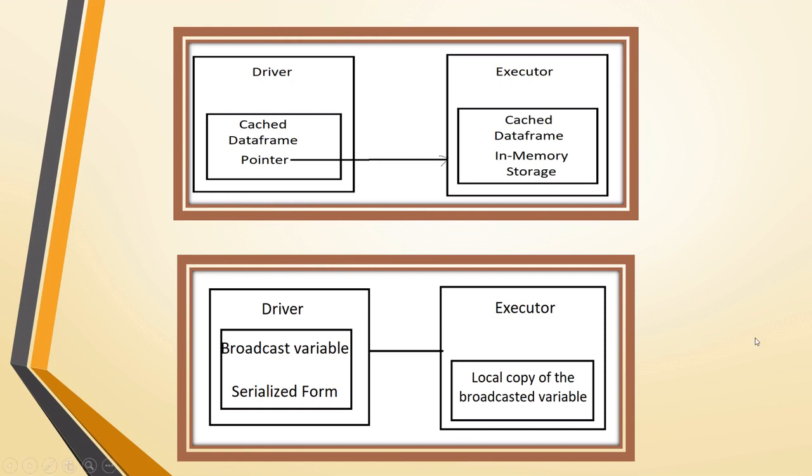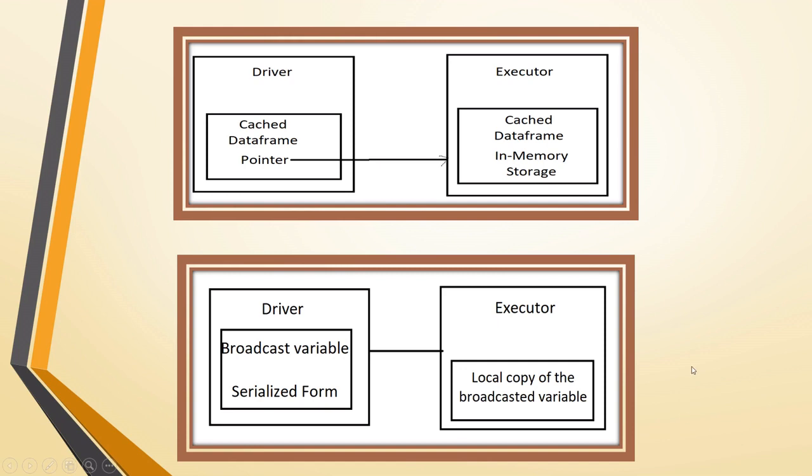Then from this executor, it tries to access the object from the block manager, and after accessing it, it deserializes it and saves that copy locally to the executor, so that it is readily available for the computations.